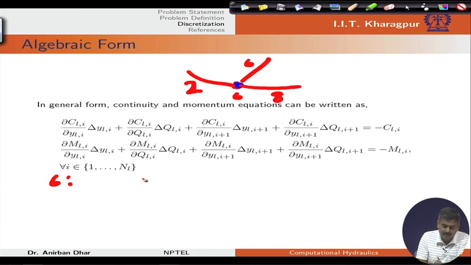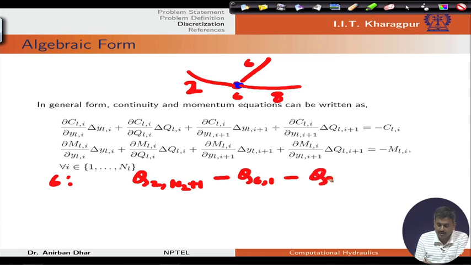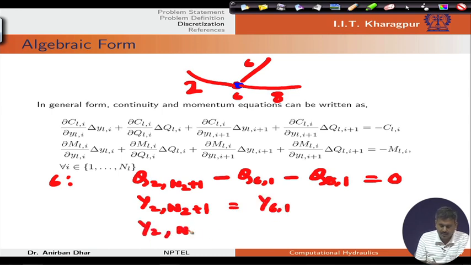In this case we get Q2 N2 plus 1 minus Q6 1 minus Q8 1 equals 0, and Y2 N2 plus 1 equals Y6 1, and Y2 N2 plus 1 equals Y8 1. So, these are the conditions.